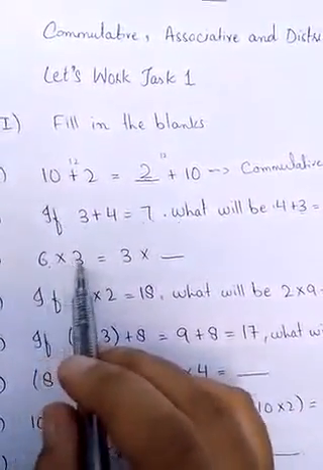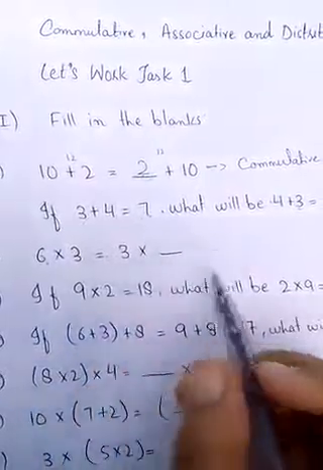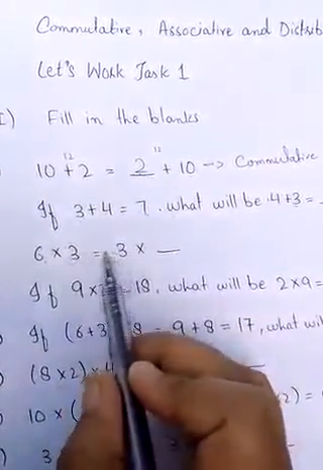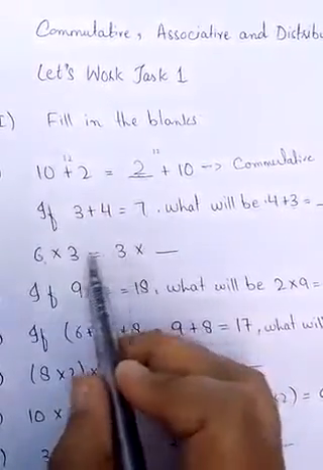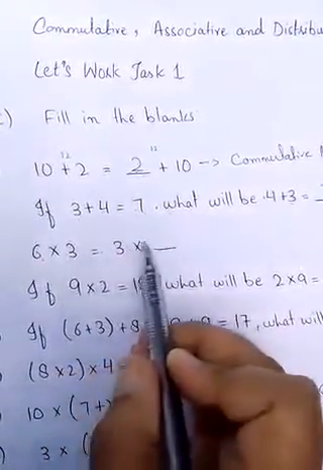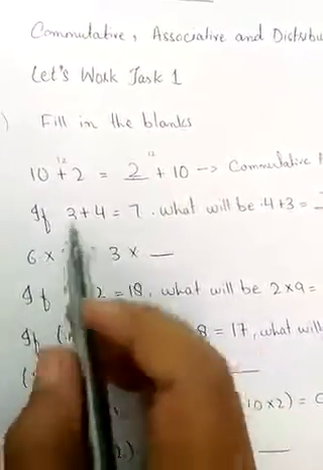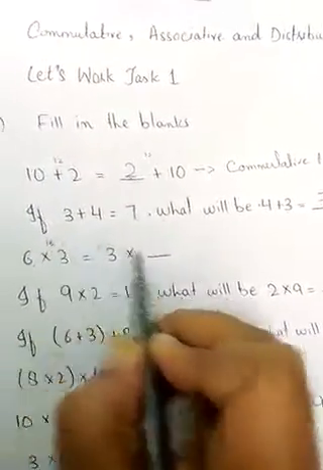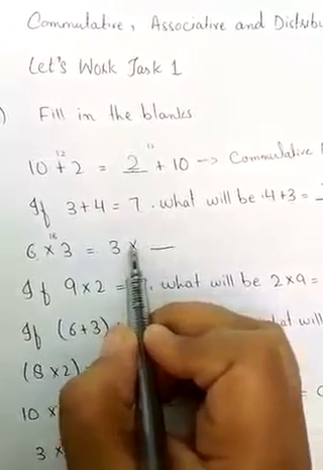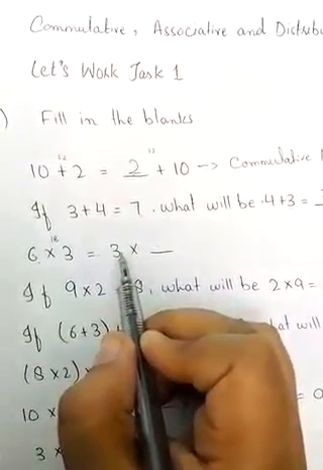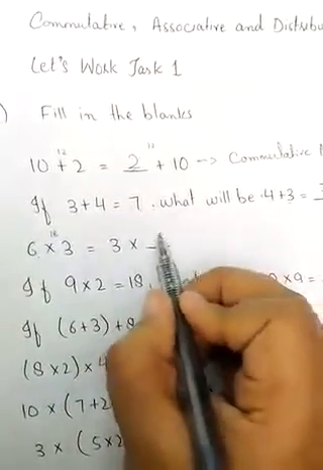Now 6 multiplied by 3 is equals to 3 multiplied by dash. There is an equal to sign between both sides. So what we have to write in the blank to make both sides equal? 6 3s are 18. So what we have to write in the blank to make it equal to 18? When we multiply 6 by 3, we got 18.